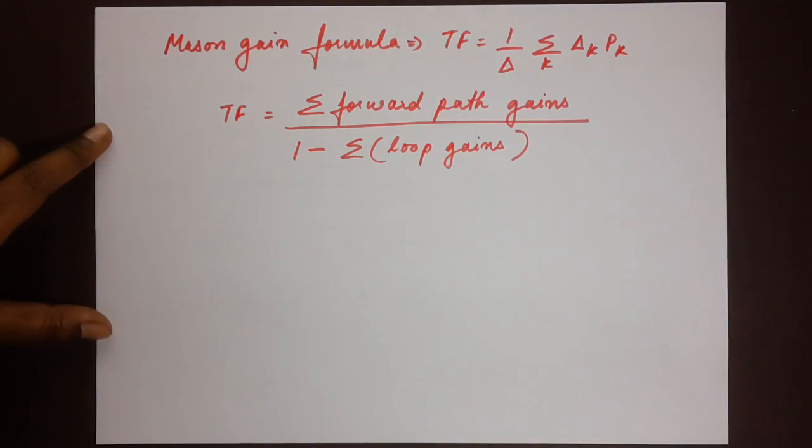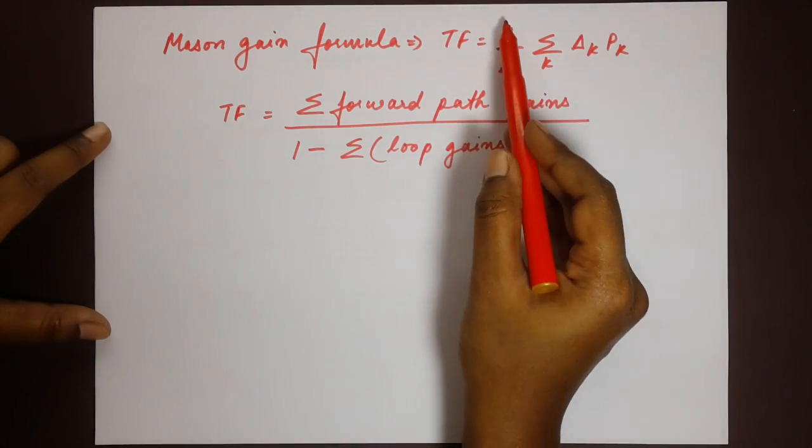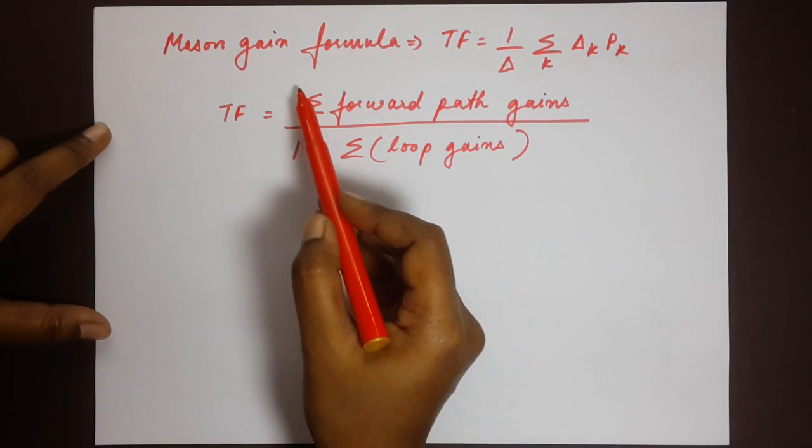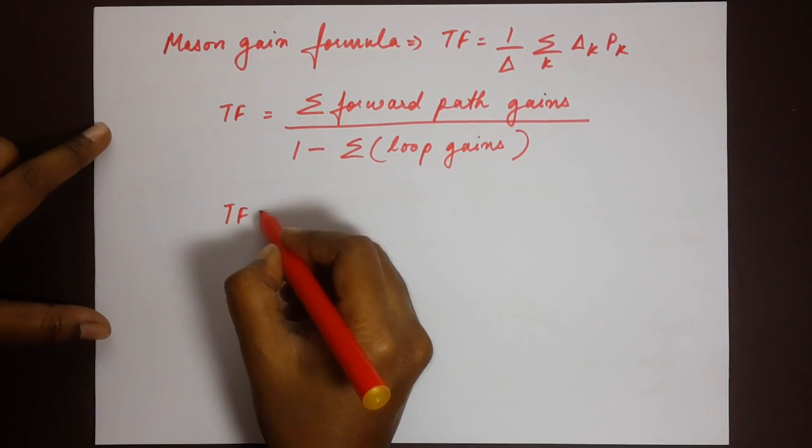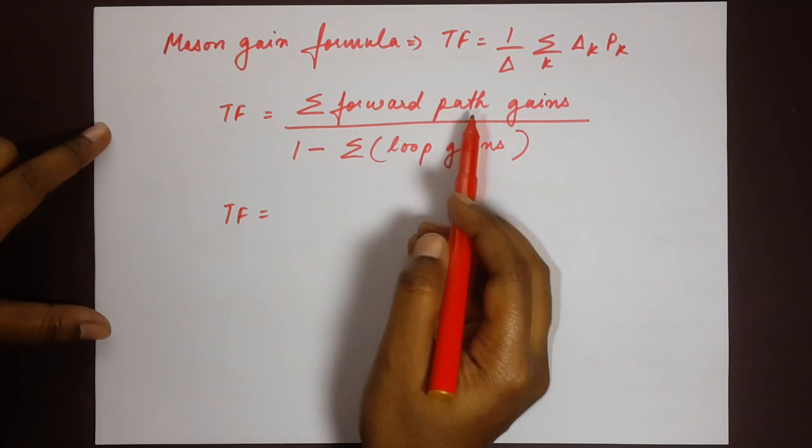Now because we have a very simple block diagram with two paths and one feedback which goes into both the forward paths, which gives us two individual loops, the transfer function of Mason's gain formula can be written in this simplified form. So here the transfer function would be summation of the forward path gains.